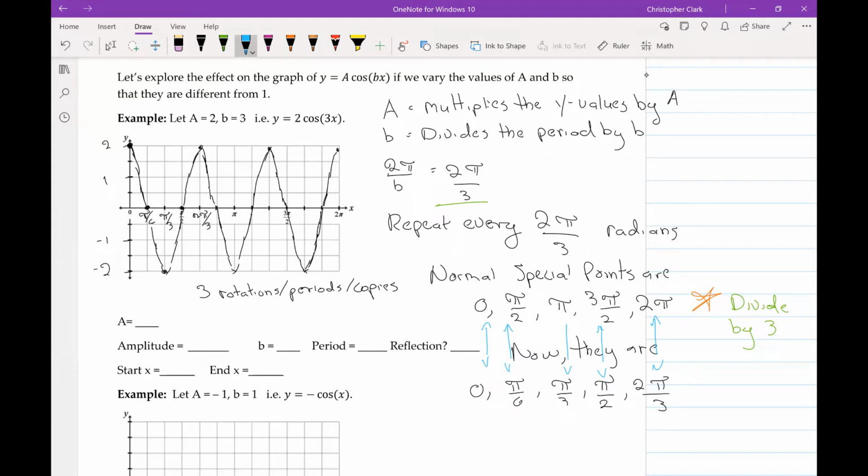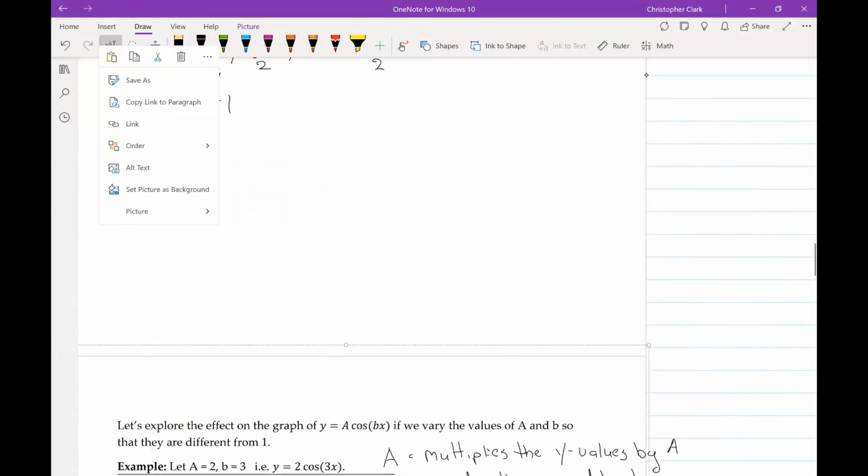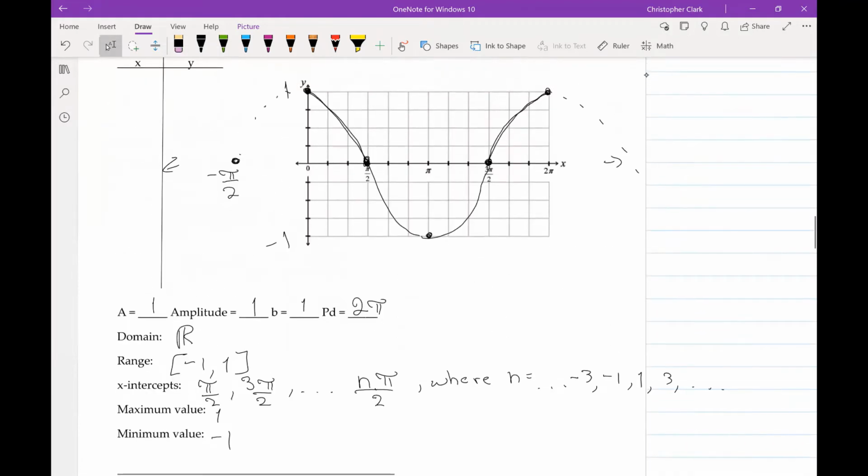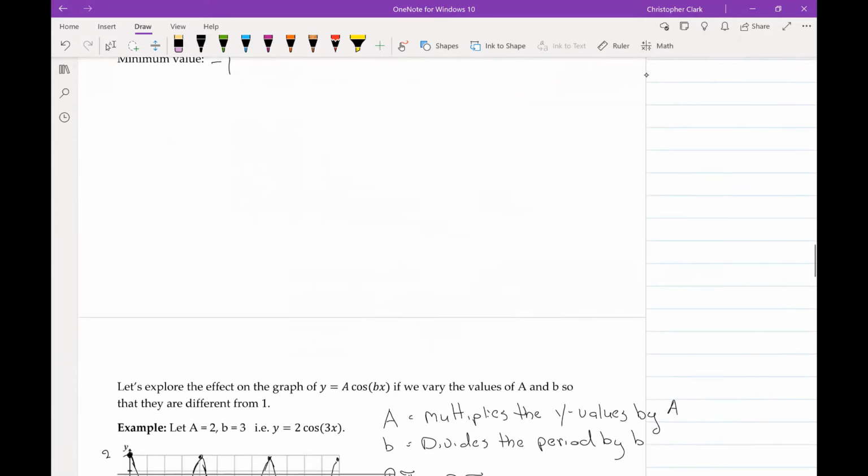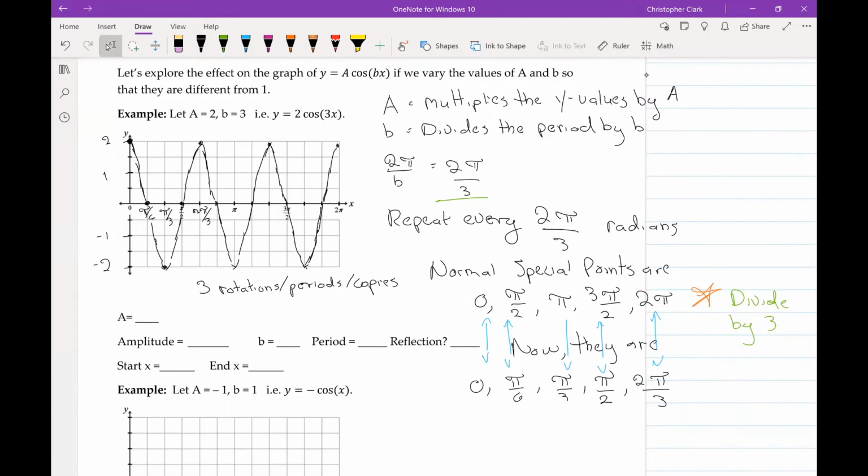Now, each of these divisions along the x-axis are what? Well, if our normal important division is pi over 2, then we're going to take that pi over 2 and divide it by 3. That gives us our first point, pi over 6.